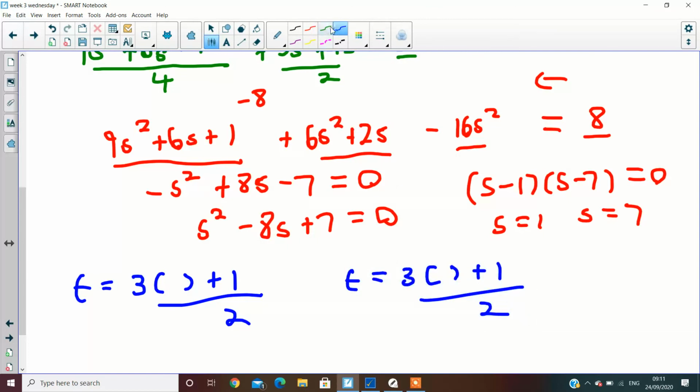I have to test both numbers out, so I have to test the 7 and the 1. 22 divided by 2, t is 11. And 4 divided by 2, t equals 2. So there's your two sets of answers there. Who got all that out? A few of you.